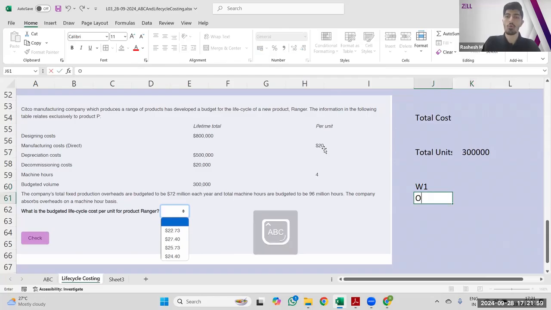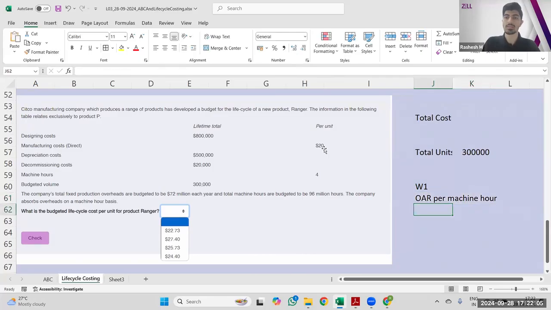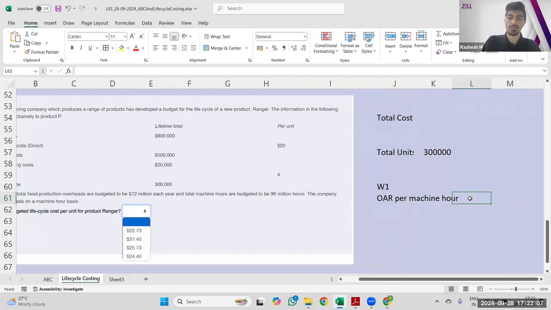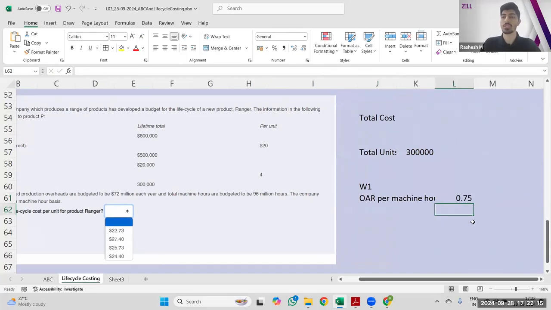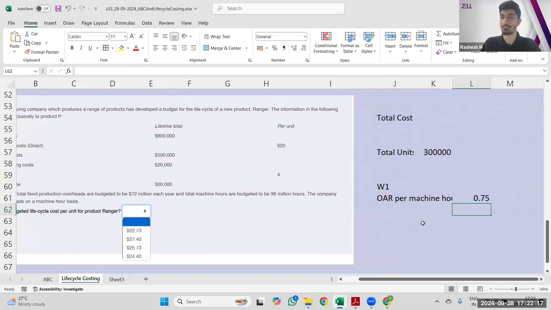My overhead absorption rate per machine hour is 72 million cost over 96 million hours available, so it is 0.75.